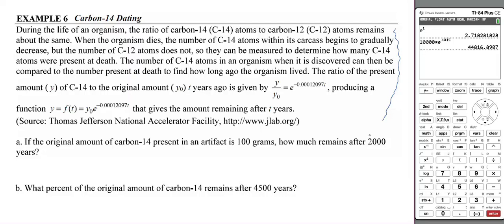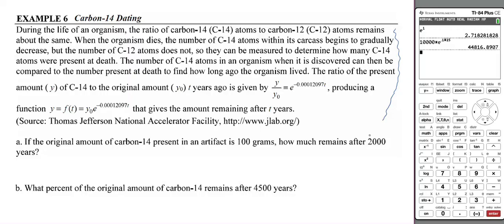When the organism dies, the number of carbon-14 atoms within its carcass begins to gradually decrease, but the number of carbon-12 atoms do not. So they can be measured to determine how many carbon-14 atoms were present at death. The number of carbon-14 atoms in an organism when it is discovered can then be compared to the number present at death to find how long ago the organism lived.